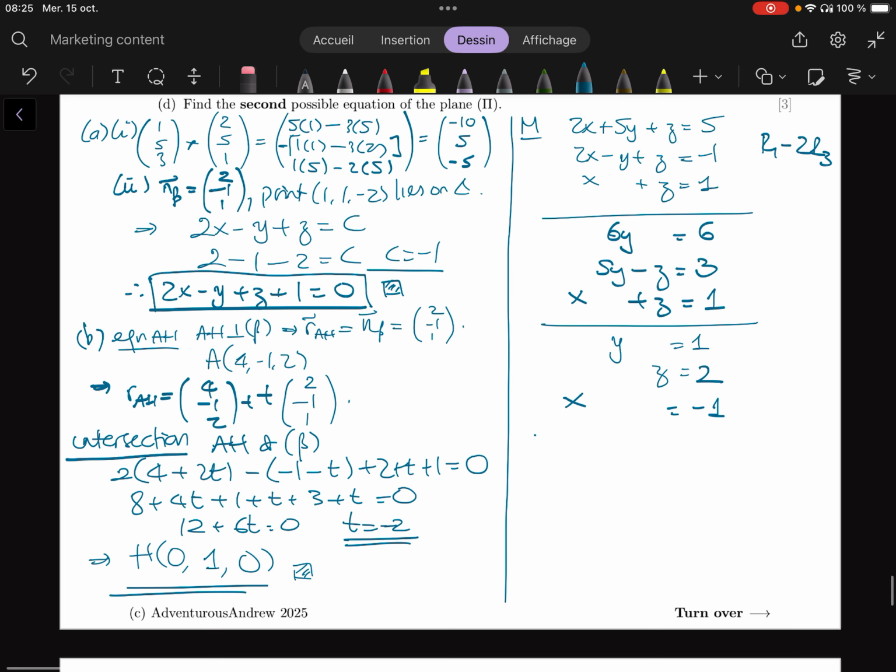And X is equal to -1. Therefore, point M has coordinates -1, 2, and 1. We also found the coordinates of point H. Therefore, the distance HM is equal to the square root of 1 squared plus 1 squared plus 1 squared, or root of 3.